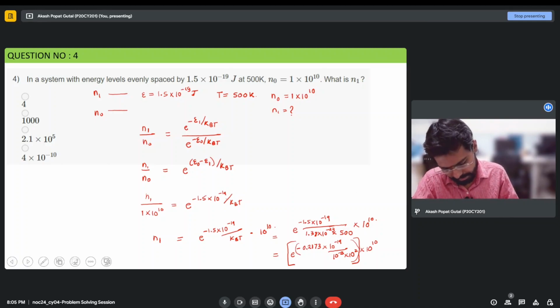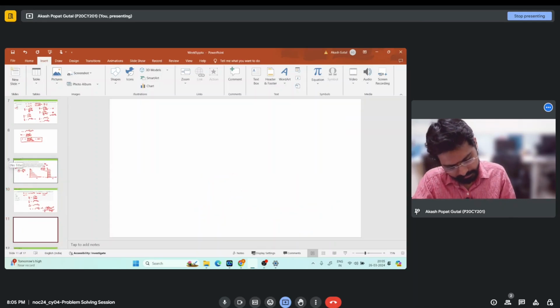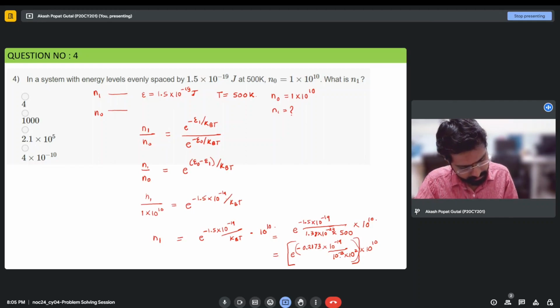Let me add one more slide. So what we are getting is, 10 raised to minus 19, and this is 10 raised to minus 23 into 10 raised to 2 will be 10 raised to minus 21.